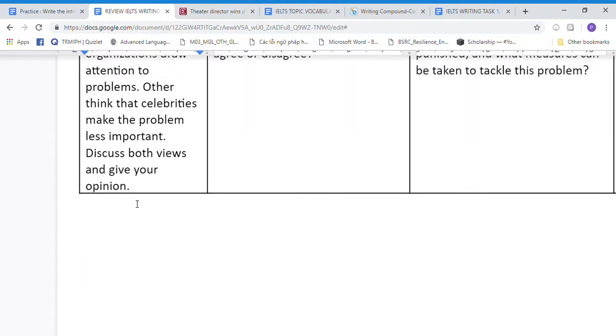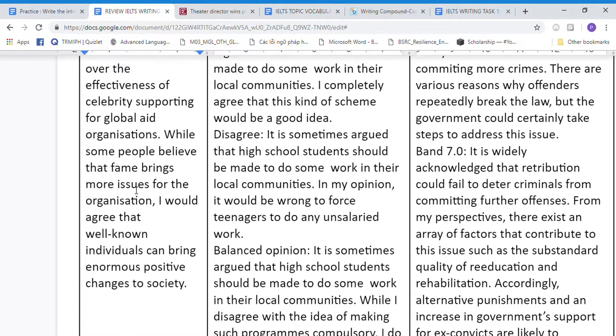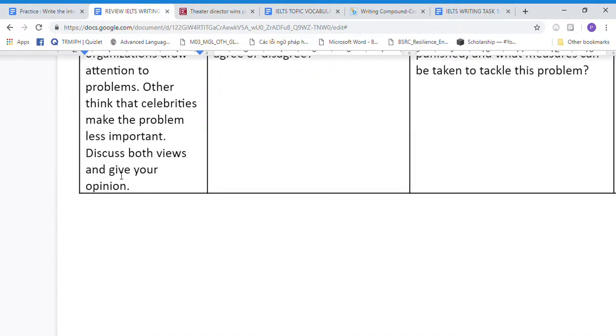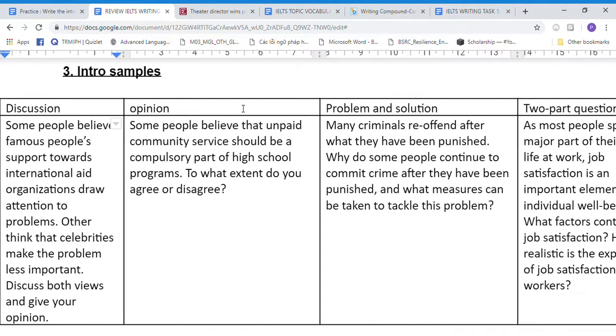Ở đây thì có give your opinion. Nếu mình không give thì cũng chẳng có vấn đề gì cả, nhưng mà nên give thì hơn. Nó đã hỏi mình cụ thể rồi nên mở bài mình rất nên give cái opinion của mình.